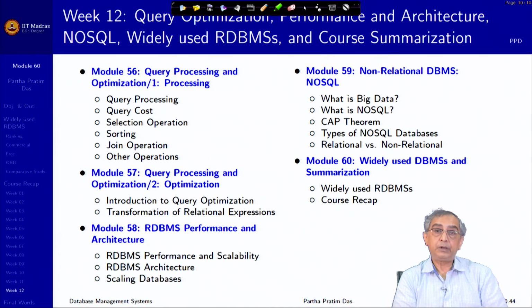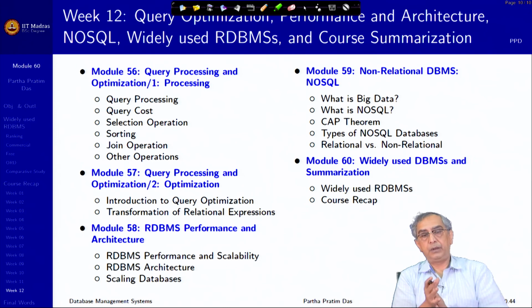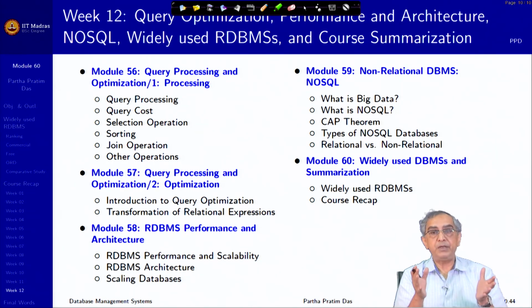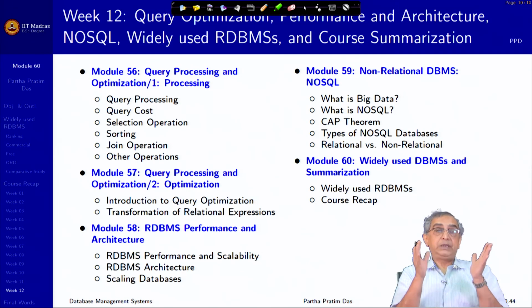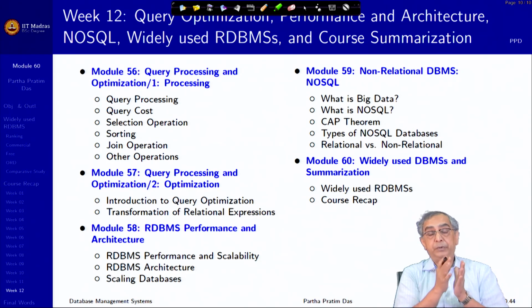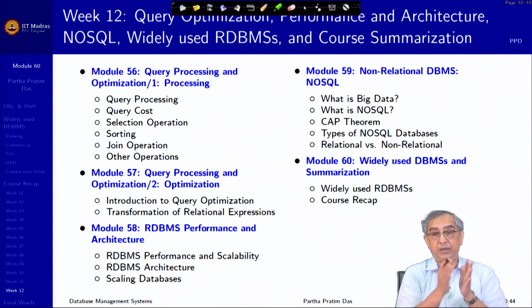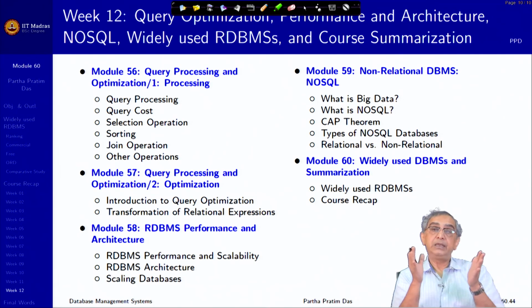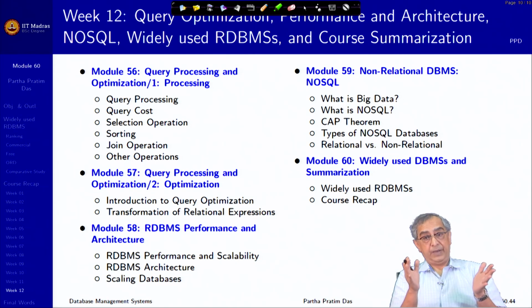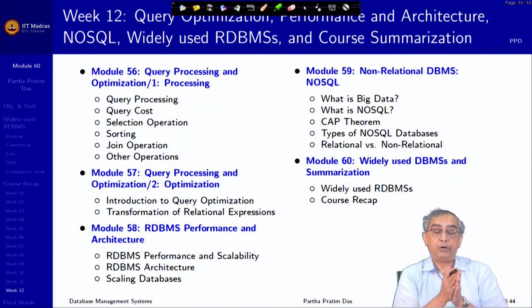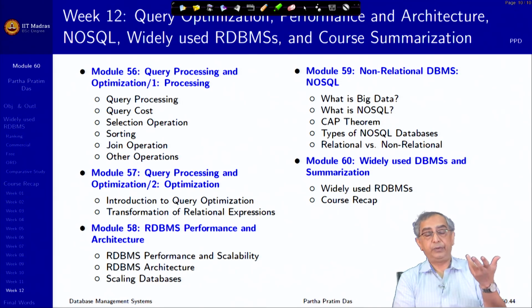Then we digressed a little bit in the last two modules, talking about the performance of RDBMS, how the architecture affects that performance, and how you can scale the infrastructure, scale the RDBMS along with the scaling of the application. And we saw that horizontal scaling, the scale out, is the primary way to go. And in view of that, we took a look at what is emerging in terms of big data.